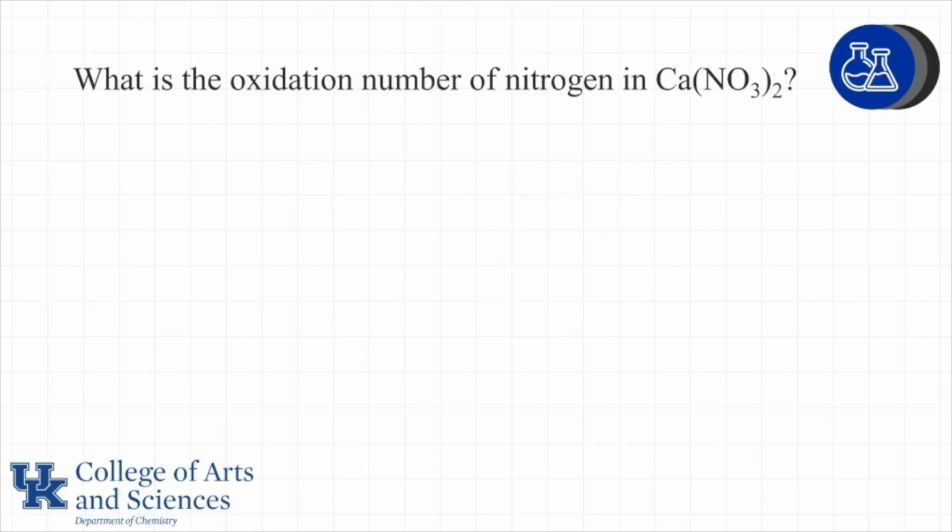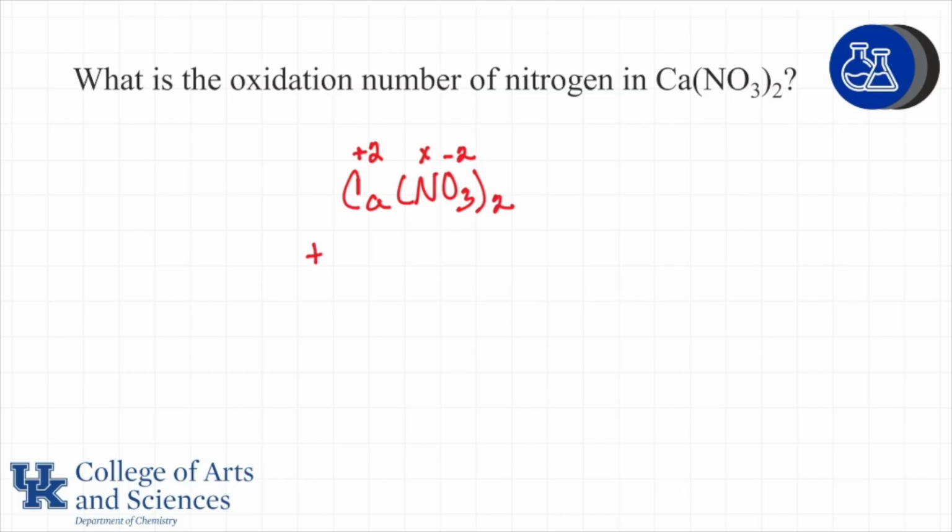What is the oxidation number of nitrogen in calcium nitrate? For calcium nitrate, we have an ionic compound. Therefore, we can identify the oxidation number of calcium as +2 because that's the charge that it takes on in an ionic compound. Nitrogen is our unknown. We label that X. Oxygen has an oxidation number of -2. Now we can sum the oxidation numbers to 0 and identify the oxidation number of nitrogen.